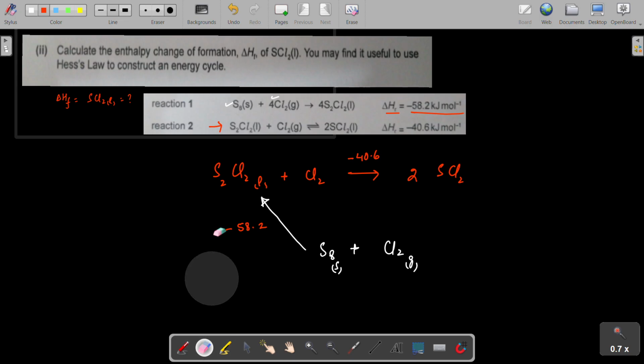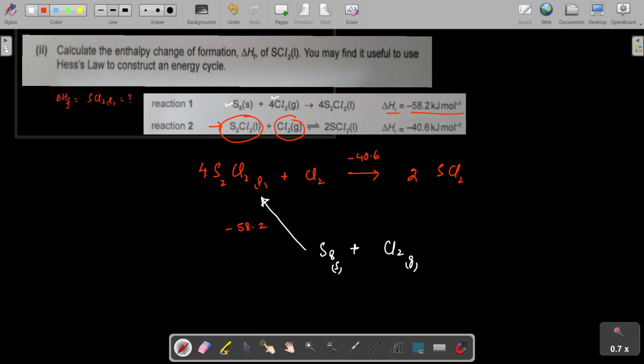So my product will be 4 moles of S2Cl2. But in the next equation, as you can see, 1 mole of S2Cl2 reacts with 1 mole of chlorine. But I am getting 4 moles of S2Cl2 from my reaction 1, and the enthalpy change in that is minus 58.2.